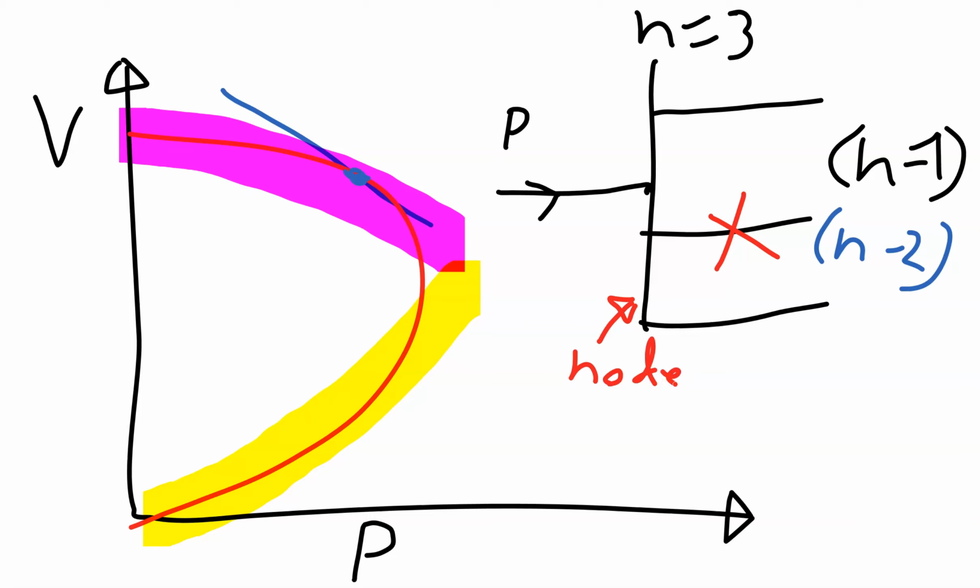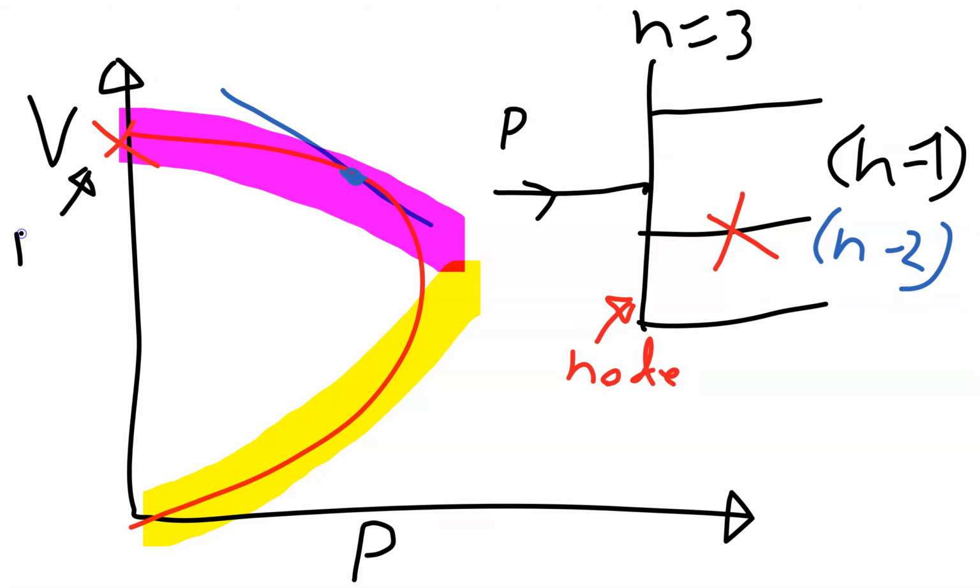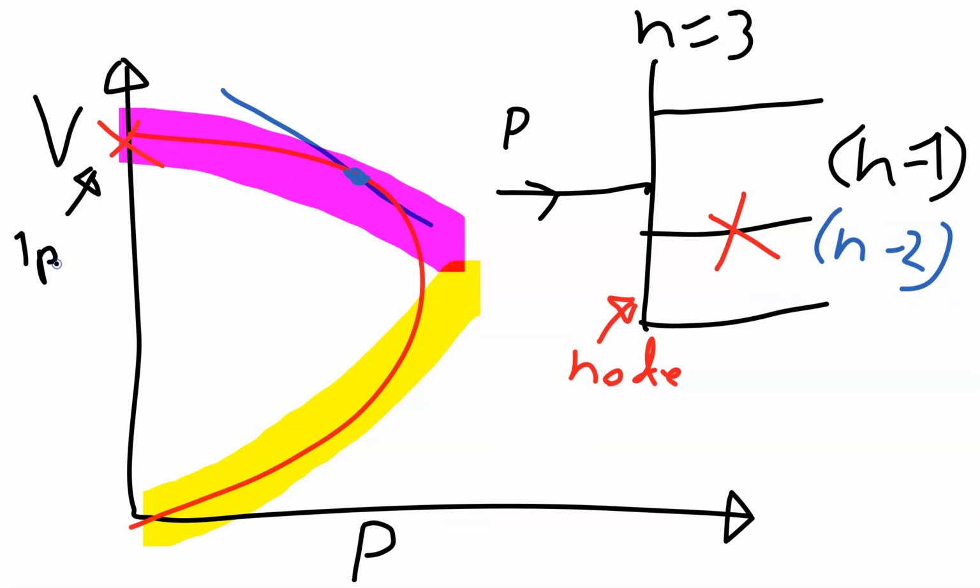If this is 1 per unit, we say typically that the voltage level should be between 1.1 and 0.9. So the voltage should lie in that range. So this is also a typical constraint for the grid system.